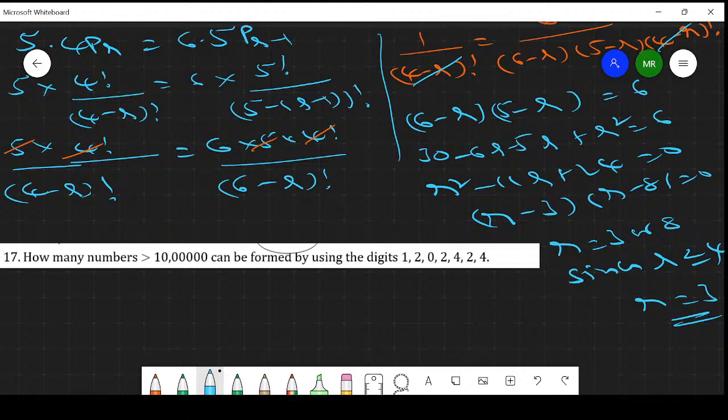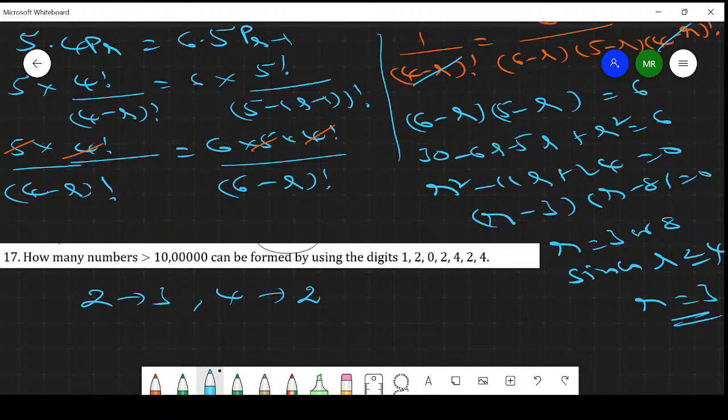How many numbers greater than 10 lakhs can be found by using the digits 1202424? That means 2 occurs 3 times, 4 occurs 2 times. You observe here: 2 is coming how many times? 1, 2, 3, 3 times. And 4 occurs here twice. They are asking the number of numbers greater than 10 lakhs you should find.